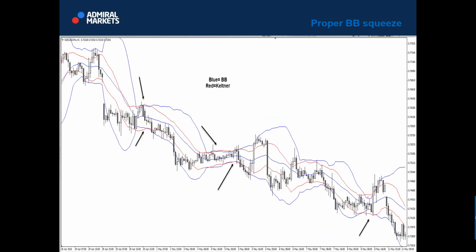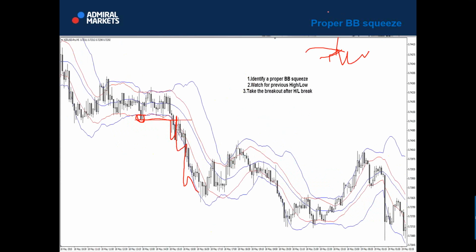So Bollinger Bands inside Keltner, and Keltner is set to 15, not 10, which is the default value on MT4. And usually this is how we apply a proper Bollinger Band squeeze. We need to wait for a squeeze to happen, then watch for the previous high and low.